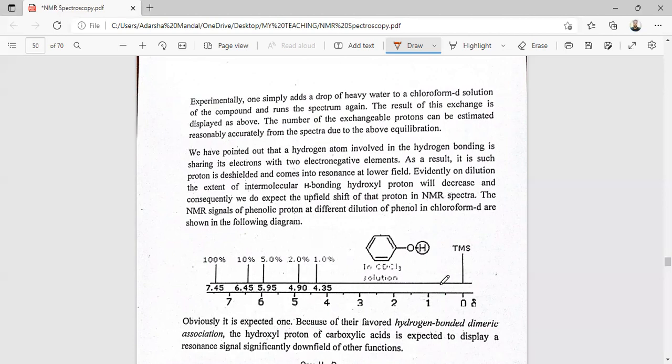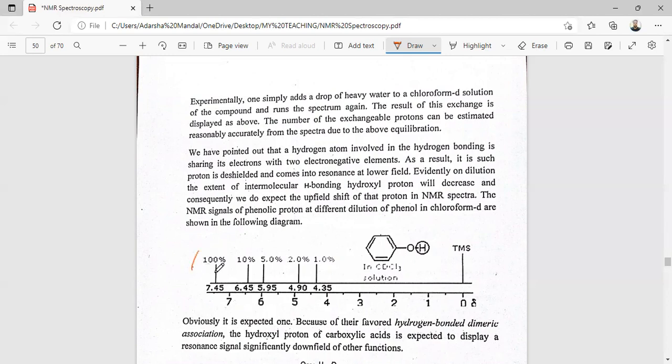So that means in this spectrum, when the hydrogen bonding occurs, the proton is in the deshielded region. That's why the chemical shift value is more downfield. The extent of intermolecular hydrogen bonding is decreased when you dilute the solution.